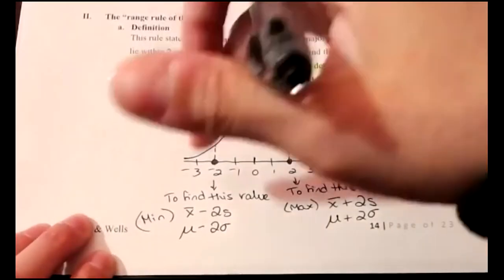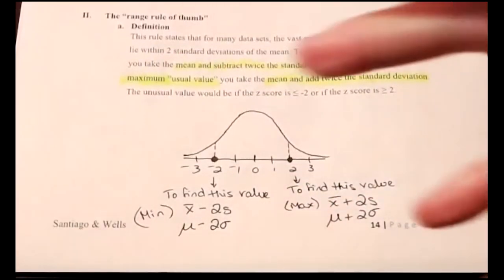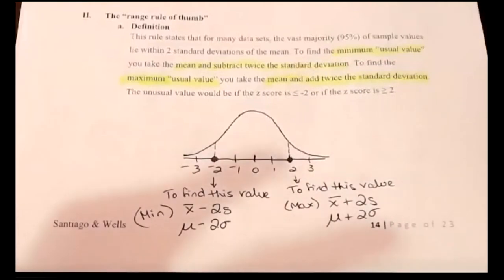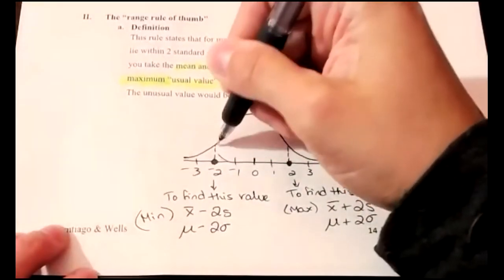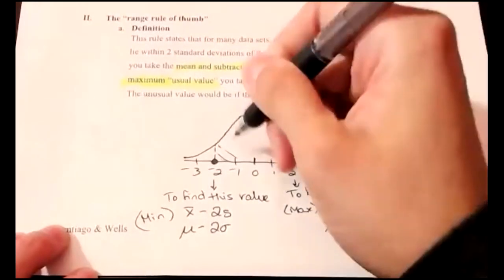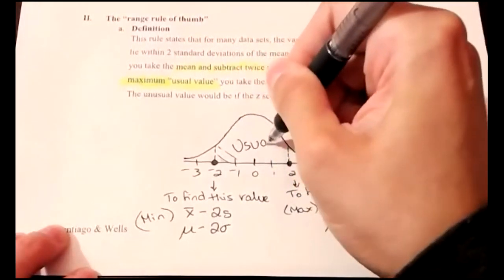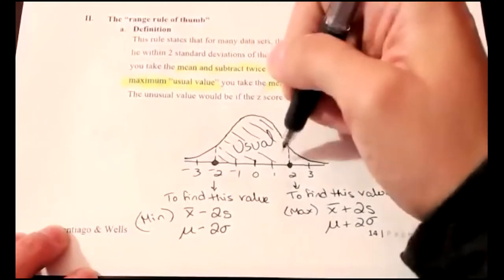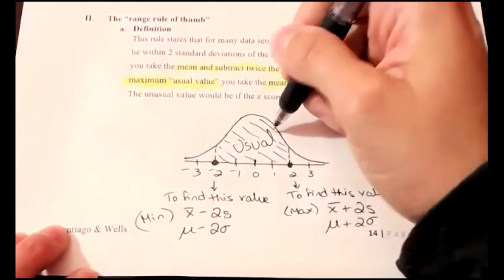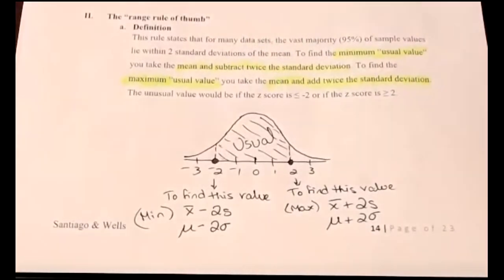Any values, all of your data values that fall within would be usual. This would be commonplace. This is not anything special because the bulk of the population fits within these 2 values.